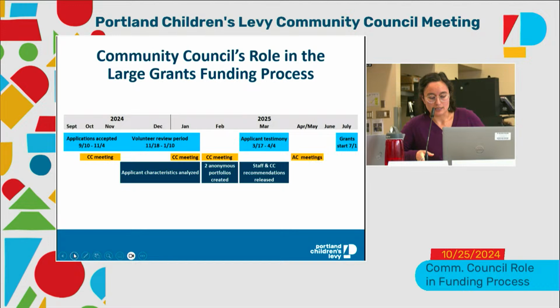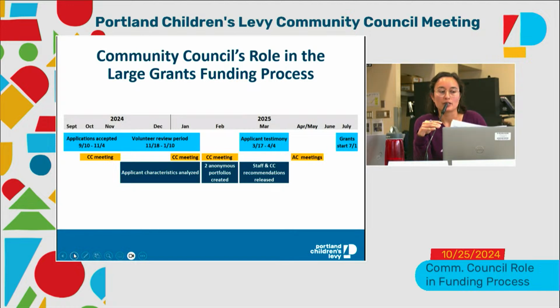Looking at this image, the large grants process started this past September and will run through next May. The bright blue top boxes are activities that applicants and community members are engaged in. The yellow middle boxes are points where you, our advisory body, or the allocation committee, our decision-making body, are engaged. And the dark blue bottom boxes describe staff deliverables.